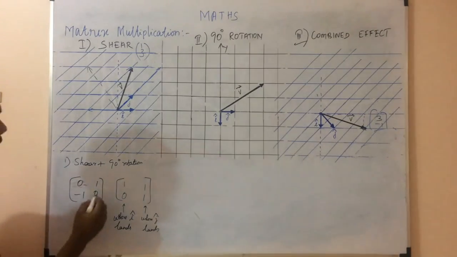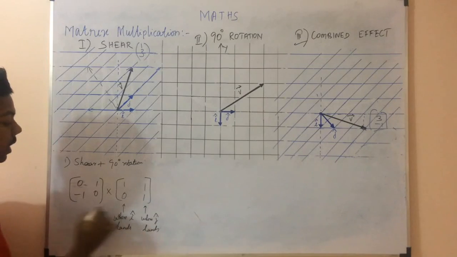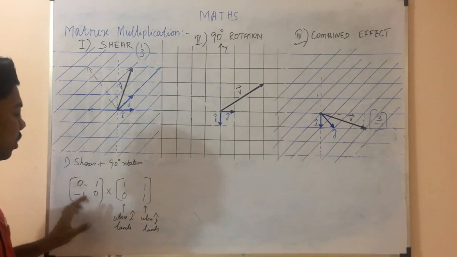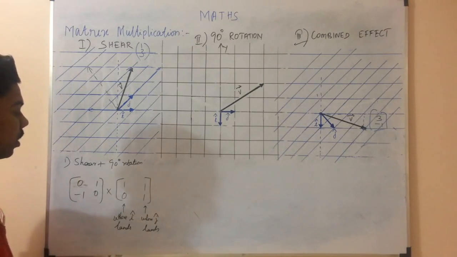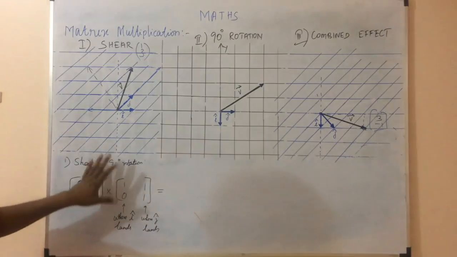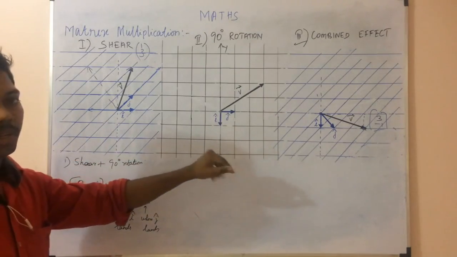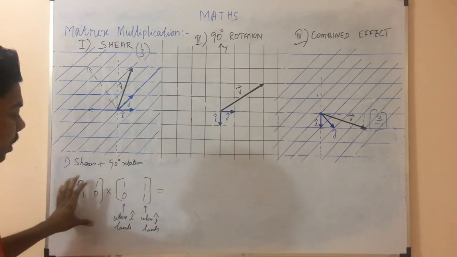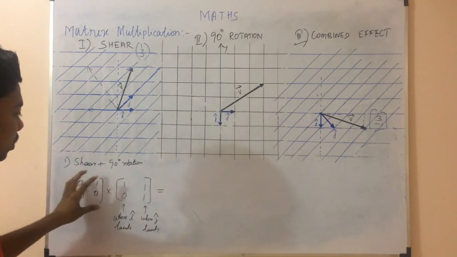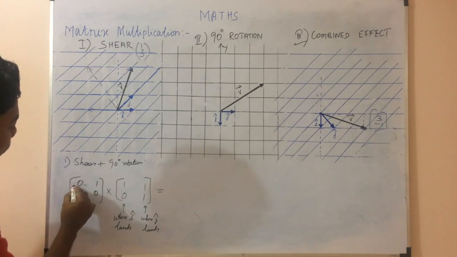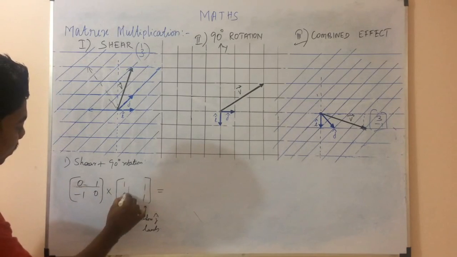Now I am going to multiply these two matrices. We have already seen in earlier classes how to multiply these matrices practically. Now I am going to multiply them using a shortcut method. First you take this row and this column.